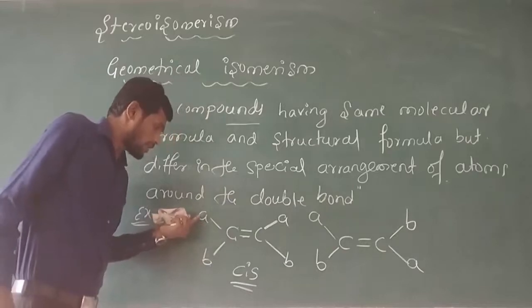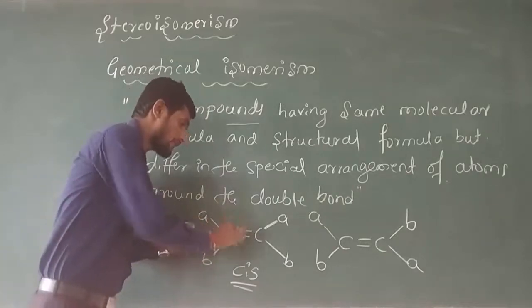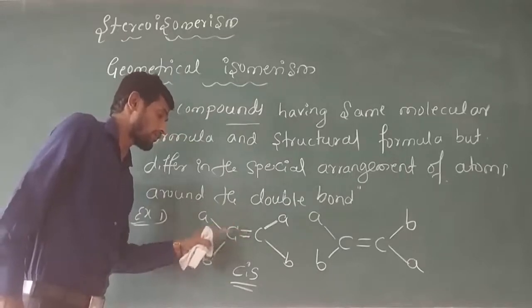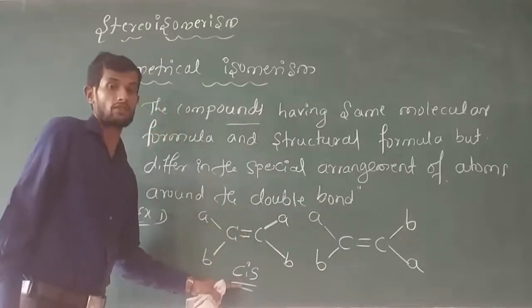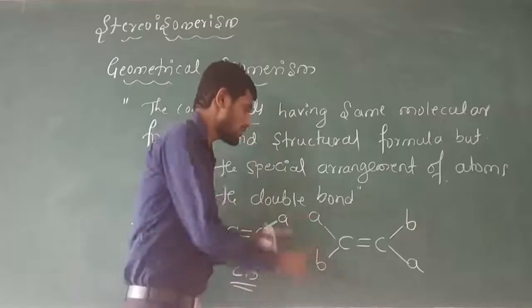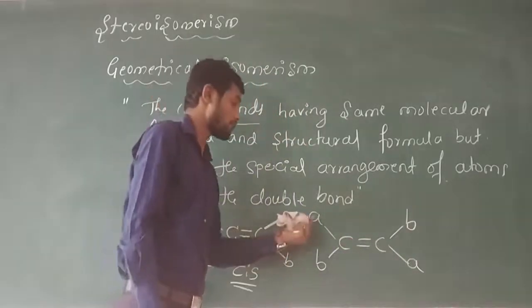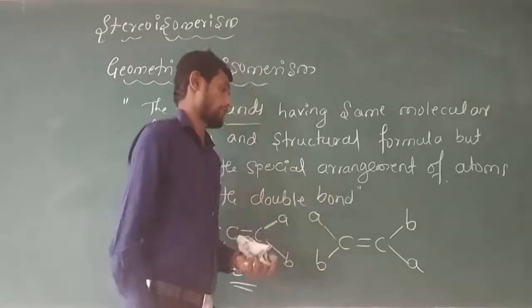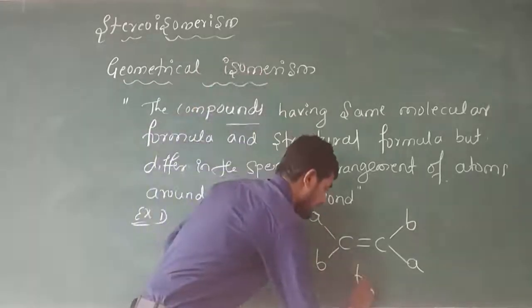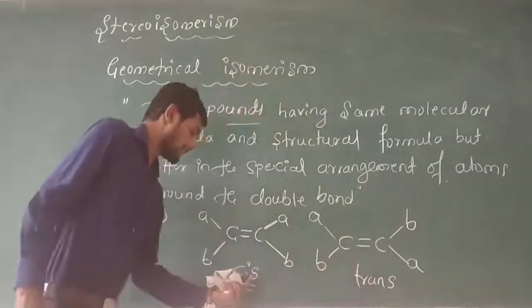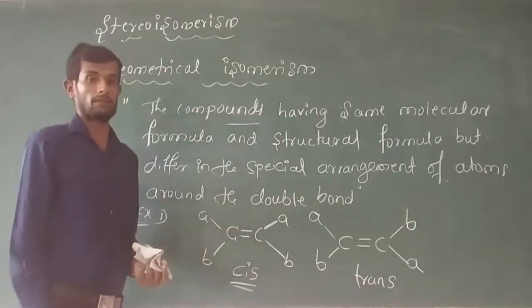Remember students, if the similar groups are present on the same side of the double bond, then it is called the cis isomer. If the similar groups are present in opposite directions, then it is called trans. It is the trans isomer and this one is the cis isomer.